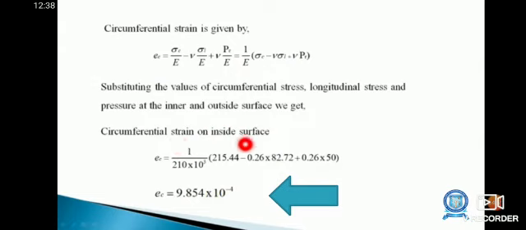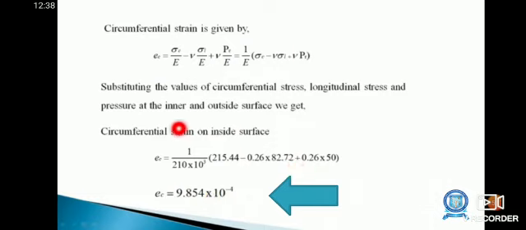Circumferential strain on inside surface. Very important line. So for the inside surface, what are the circumferential values? EC is equal to 1 divided by Young's modulus 210 into 10 power 3, then we apply 215.44 minus 0.26 into 82.72 plus 0.26 into 50.